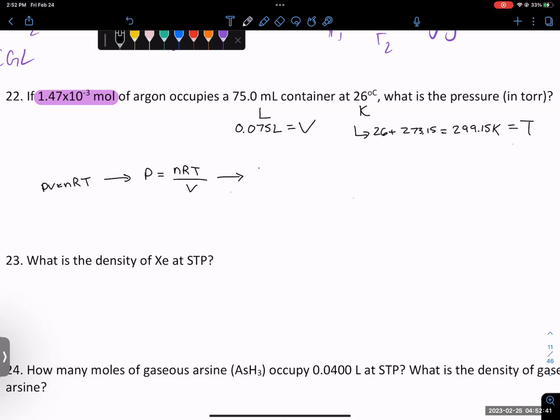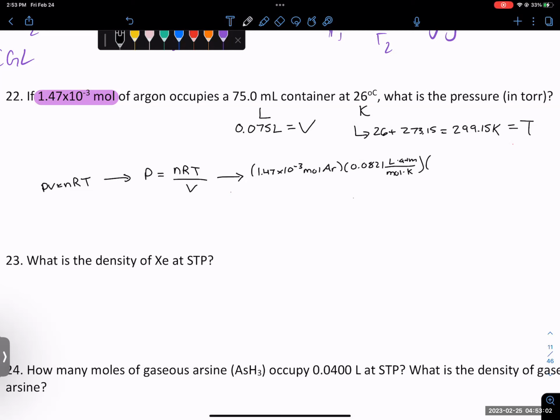So we have 1.47 times 10 to the minus 3 moles of Ar and 0.0821 liters atmospheres per mole Kelvin.